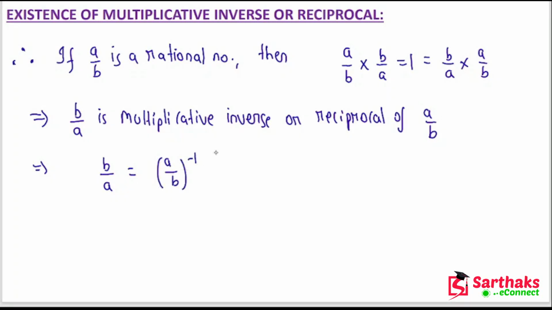Of course, a by b is also b by a inverse. So you can write it as a by b is equal to b by a inverse.